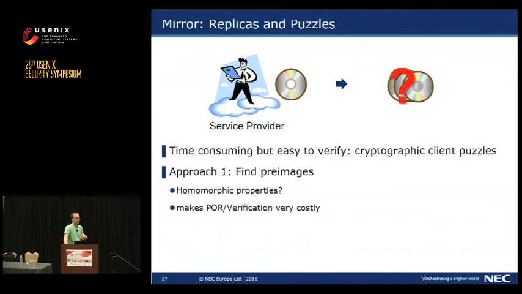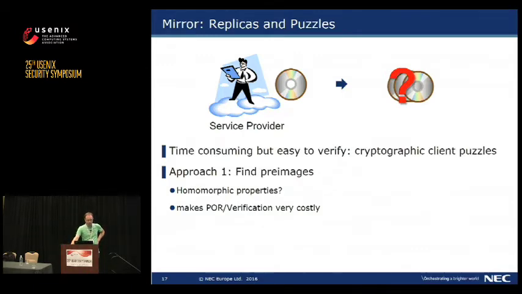One is, given a value, find a pre-image according to a hash function. Well, this is very difficult to apply here. On the one hand, it's of course elegant, because you could have the data, and the pre-image of the data would be the replica, and you can easily, from the replica, create it back by hashing, while it takes a while to replicate it to find the pre-images.